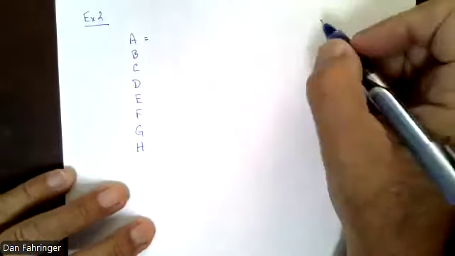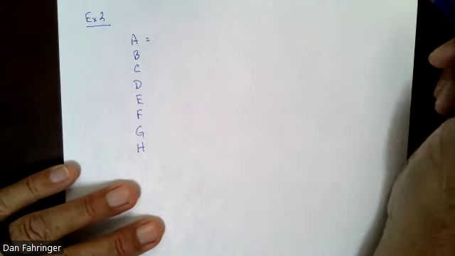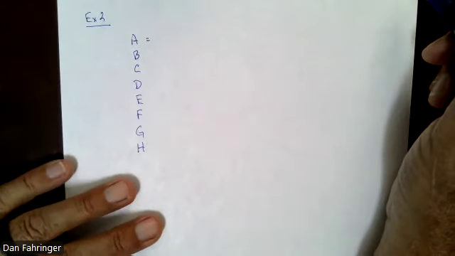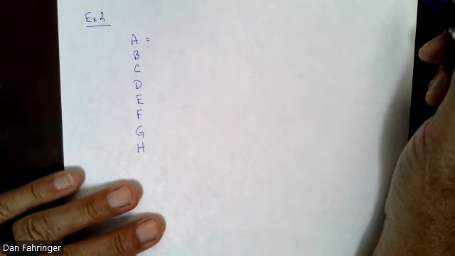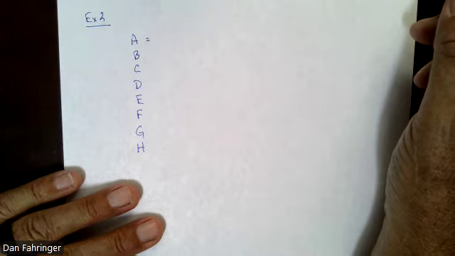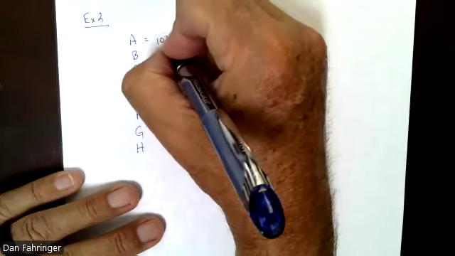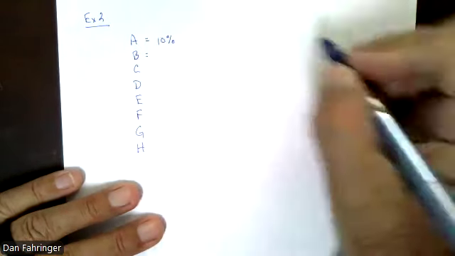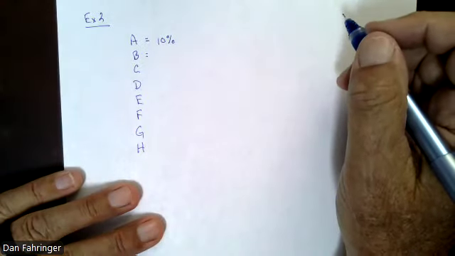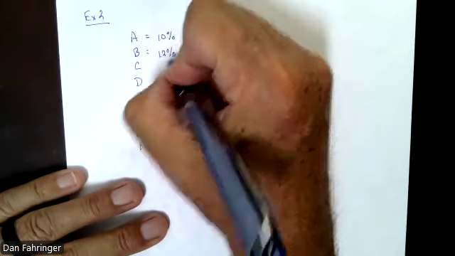Give me a percentage for A. There's 8 of them, so let's keep them between 10 and 20%. Give me an A. 10%. B, 12%.